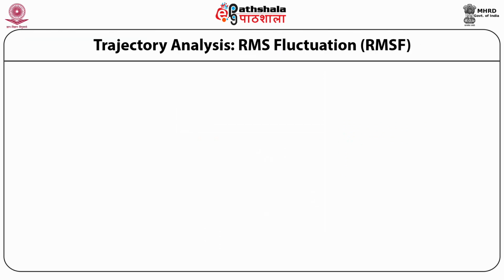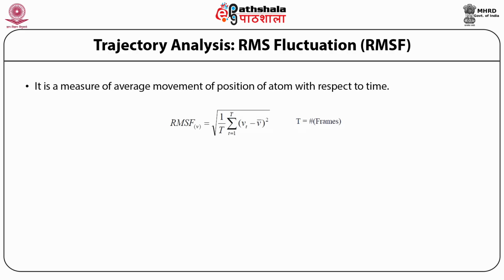Root mean square fluctuation is another analyzing parameter used to analyze the MD trajectory in addition to root mean square deviation, especially in case of protein simulation. It is a measure of average movement of position of atoms with respect to time.